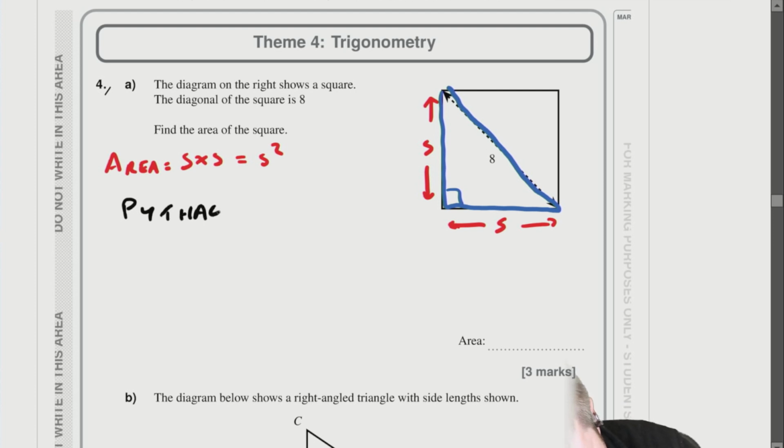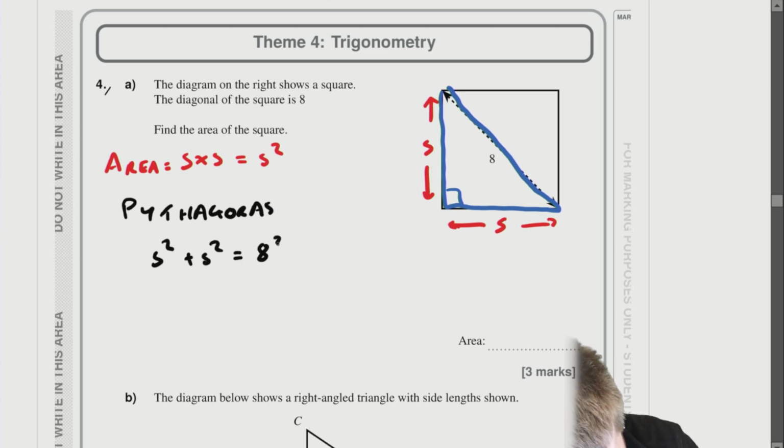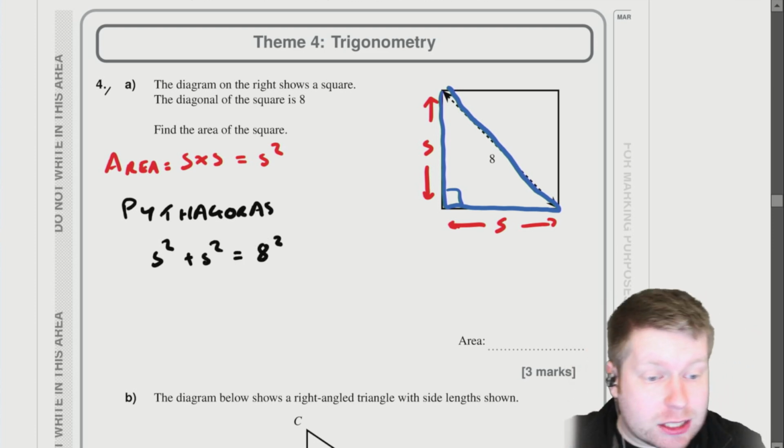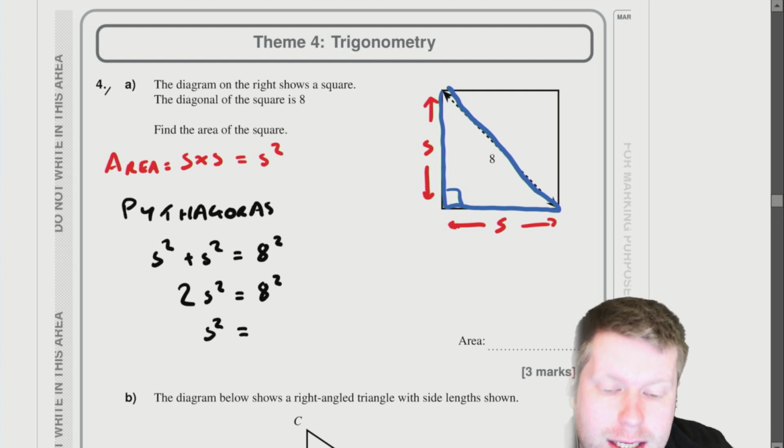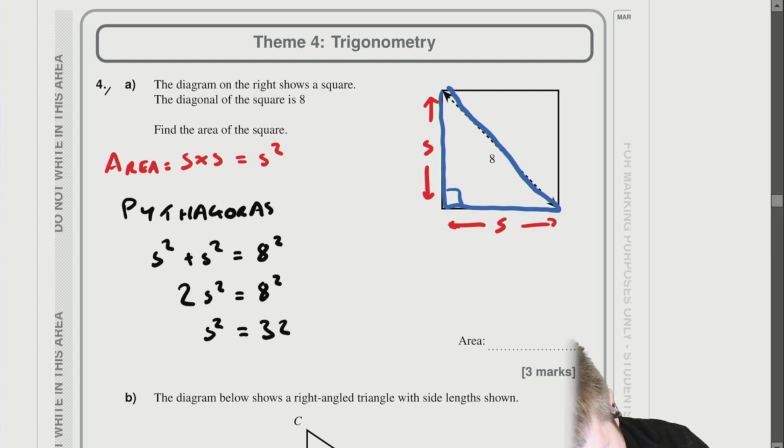Nice and straightforward, Pythagoras' theorem here. So as a result, I get S squared plus S squared is equal to 8 squared. On the left-hand side, that's 2 lots of S squared is equal to 8 squared. 8 squared is 64, so if I do 64 divided by 2, just to get S squared on its own, I find myself 32.